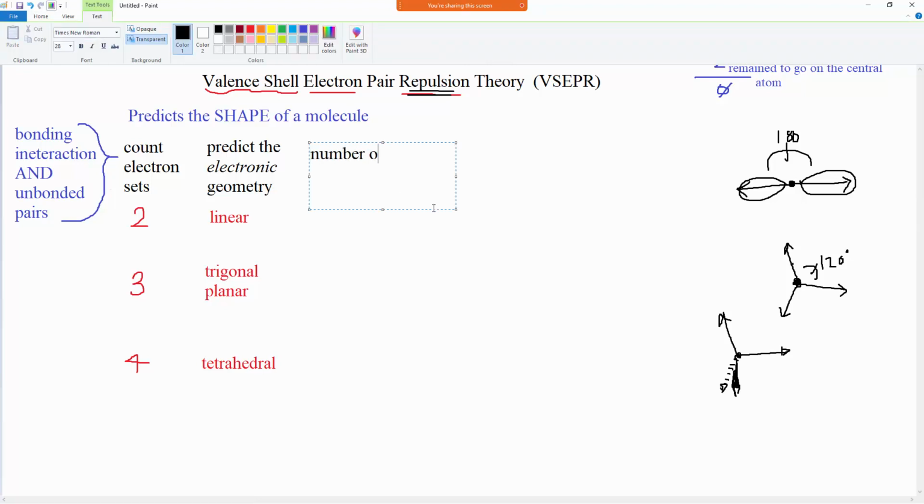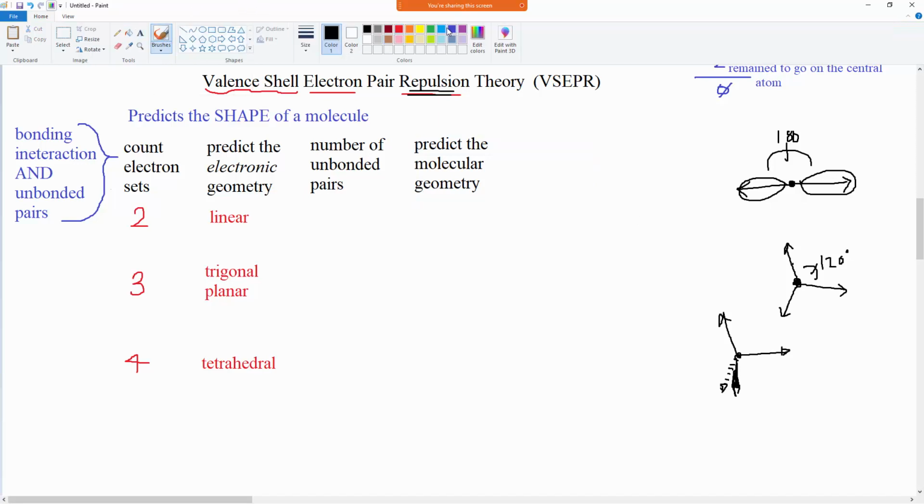Based on the number of lone pairs, being unbonded pairs, I'll say that, unbonded. Based on the number of unbonded pairs, we'll get a different molecular geometry. Now, the molecular geometry is the geometry of the atoms in the molecule.